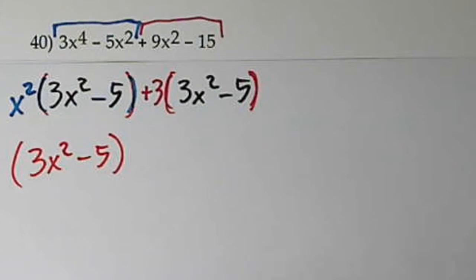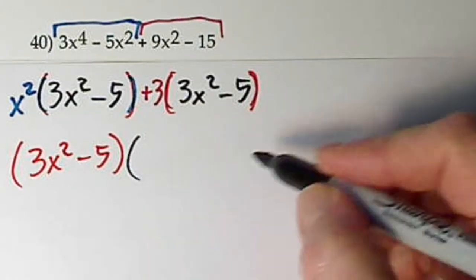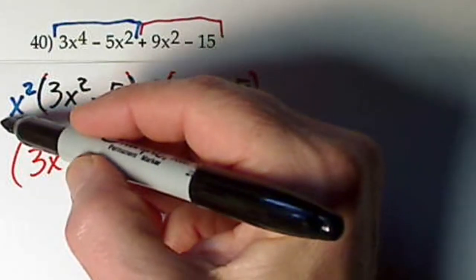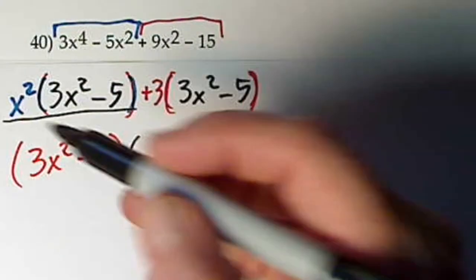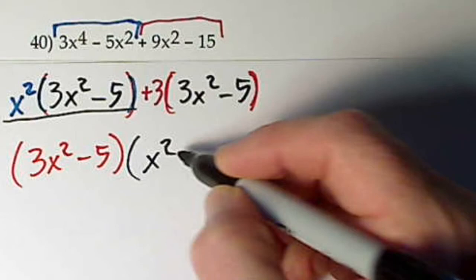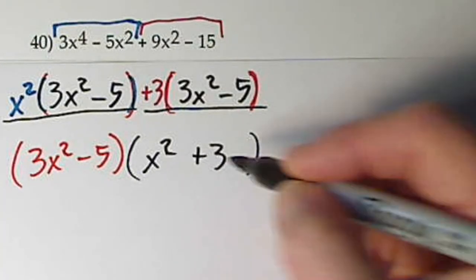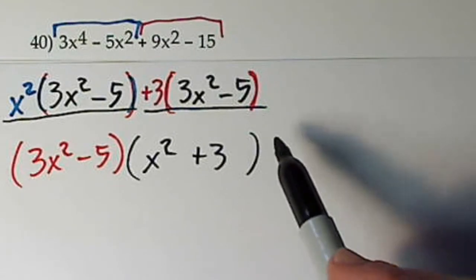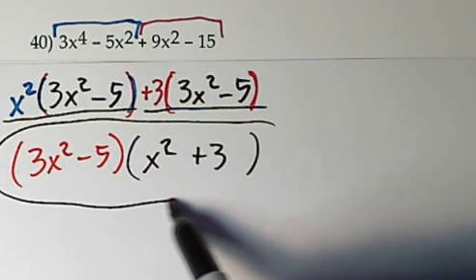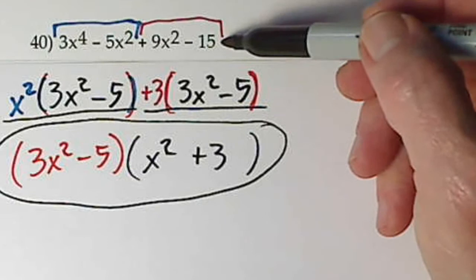When I factored out from the first term, I'm left with just an x squared. When I factor it out from here, I'm left with just plus 3. So this is the factored form of our original polynomial.